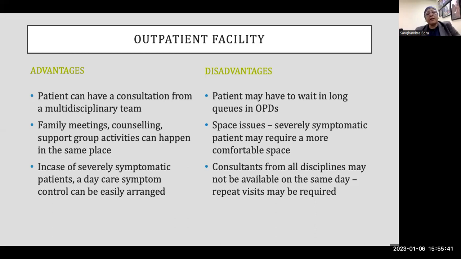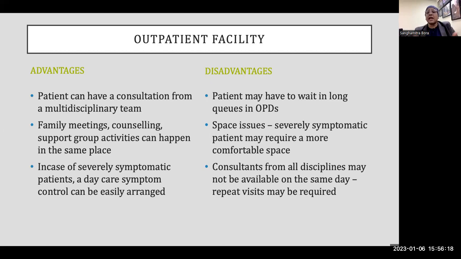Then there would be family meetings, counseling, support group activities that can happen in the same place, and it's very therapeutic because most of the time, we see in our cancer hospitals that the patients gather in one particular space, and they start interacting with each other. They start sharing everything, what has happened, how the treatment went, somebody who's died.